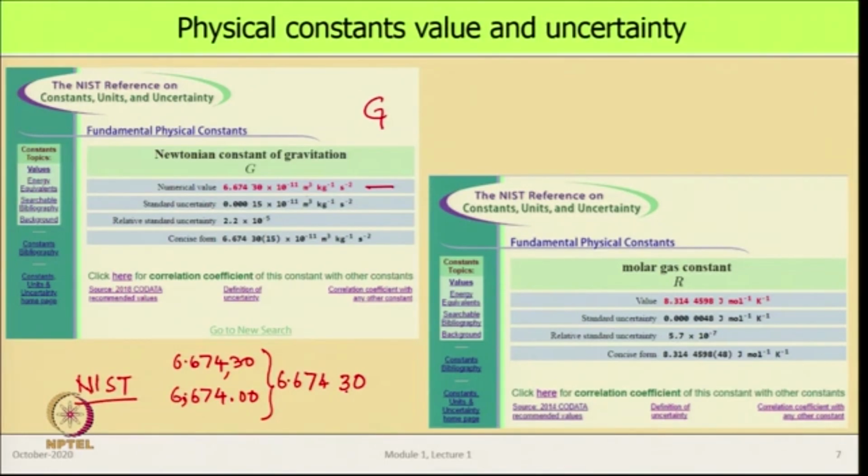So, this is the numerical value of G, which we have also called the nominal value, or we have also referred to this as the mean value, or sometimes also as the average value. This has been given to this many decimal places.